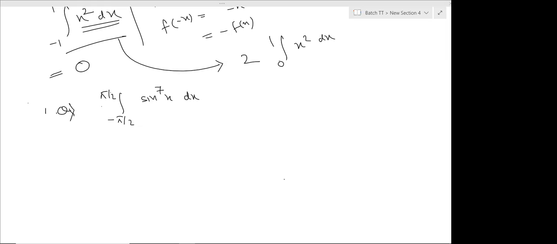Ahmed, tell me the answer. I do not need to know if this is odd function or even function. What is the answer of this integration? Right, correct answer.